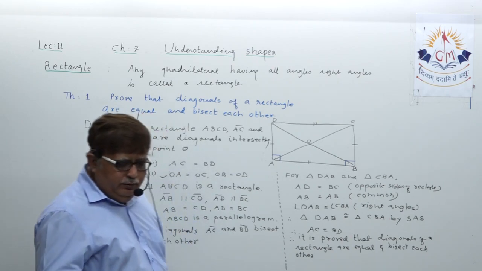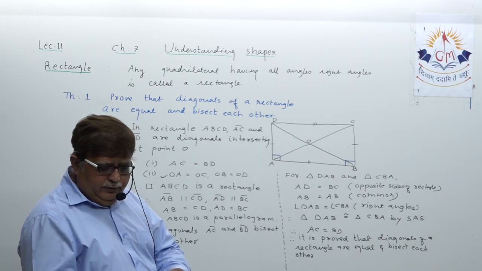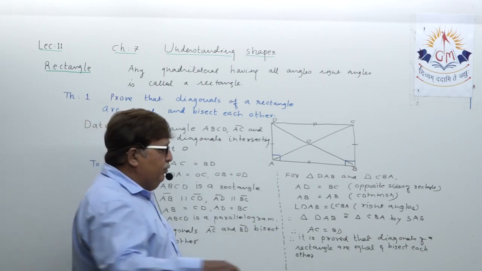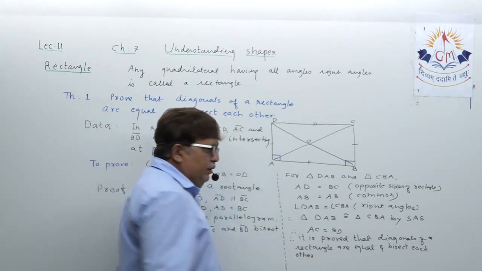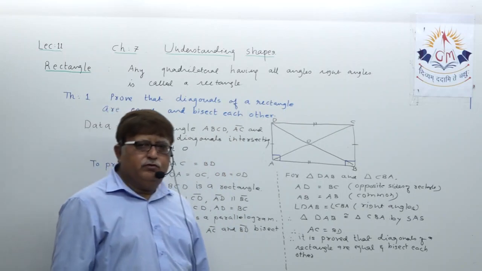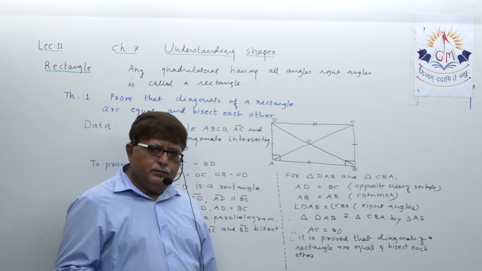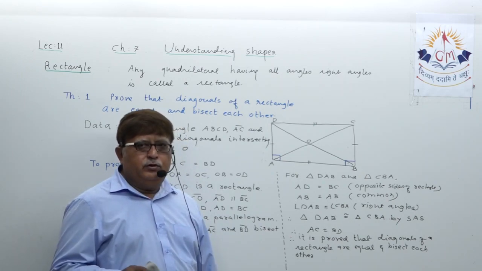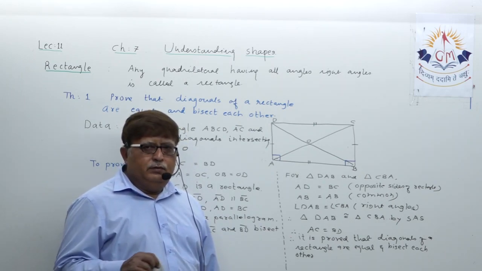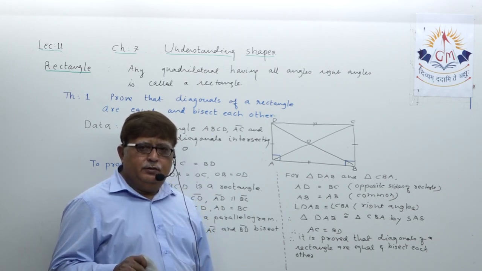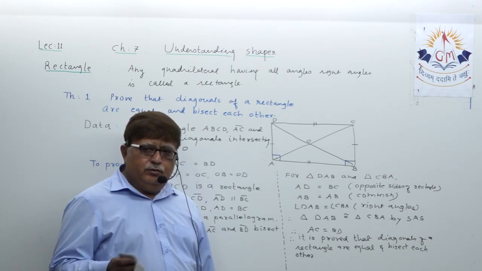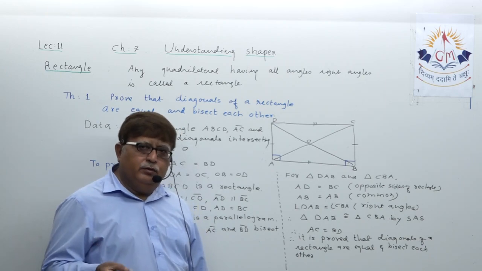Understood? This particular example is not given in the textbook. In the textbook you find only one theorem of a rectangle and just 2 to 3 examples only.